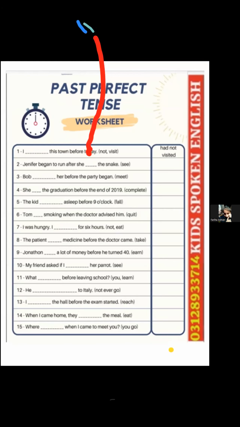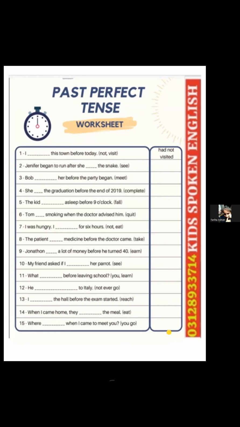Okay, so dear students, come on, Muhammad Umar, kindly unmute yourself. Yes, ma'am. Muhammad Umar, what happened? Are you fine? You are looking so tired today. Why? No, ma'am, network issue. Okay.